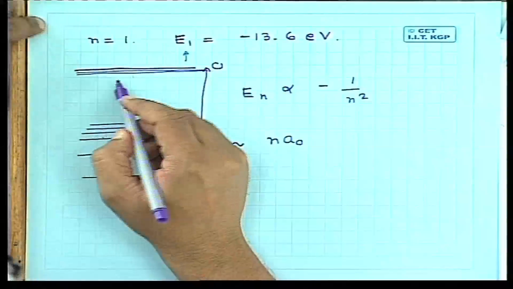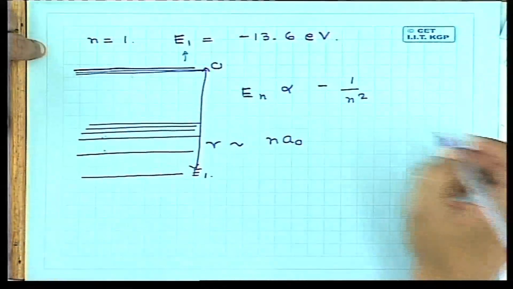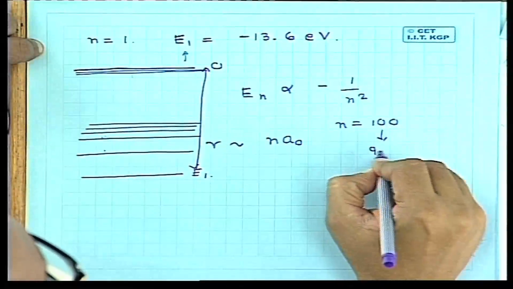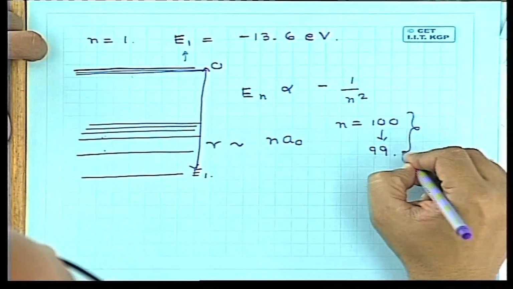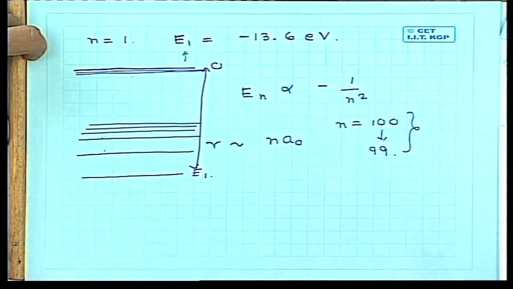So the radiation which will be emitted when, say, the hydrogen atom makes a transition from n equal to 100 to n equal to 99, the energy released here will be very small. So it may appear somewhere in the radio or something like that.